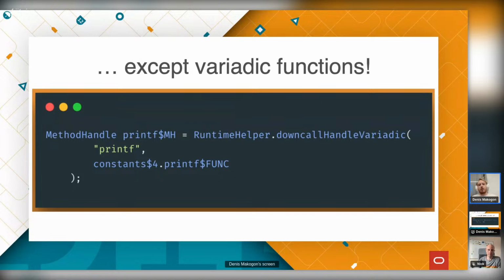And then all that code will assemble a new method handle to comply with the invocation signature. It's not the most effective solution, but it's a dynamic solution for sure.